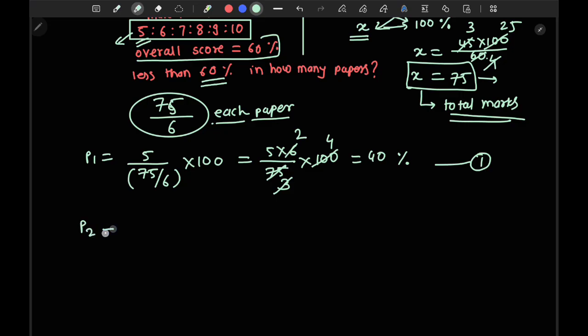Now similarly do it for paper 2. Now I'll write directly 6 here. So in the second paper I got 6 into this 6 coming from above, divided by 75 into 100. So if I solve this, let's find out how much percentage, and let's do it for each and every paper.